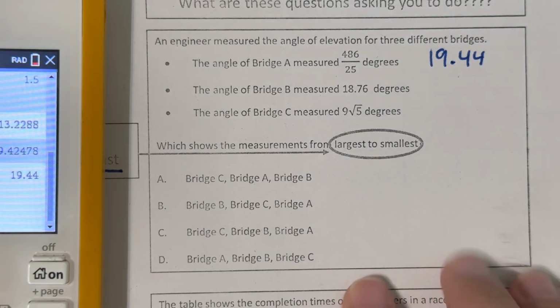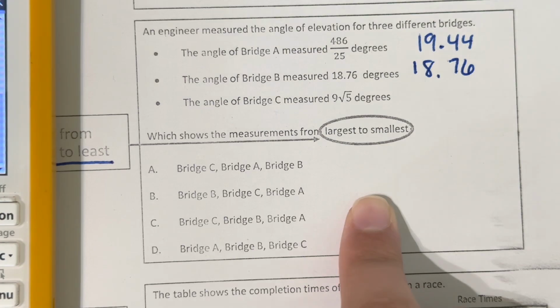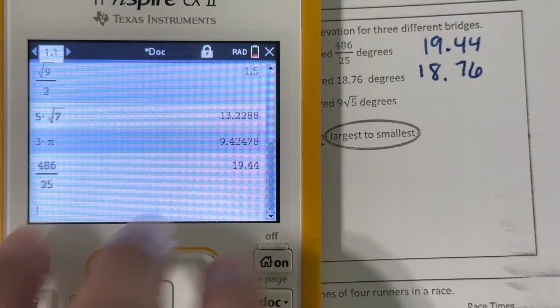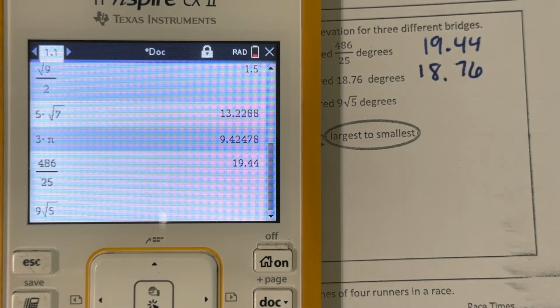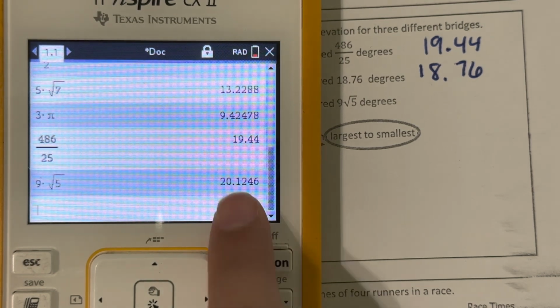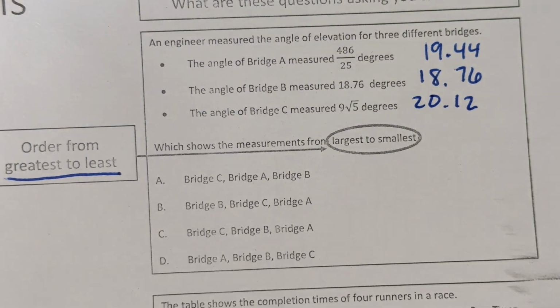The second one, bridge B, they already did for me, 18.76. And then the last one, 9 square root 5. I'm going to go into my calculator and type it in exactly like that. 9 square root 5. I'm going to round it to make it look like money, so I got 20.12.